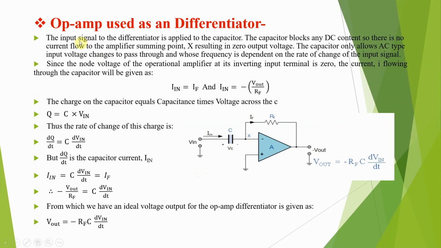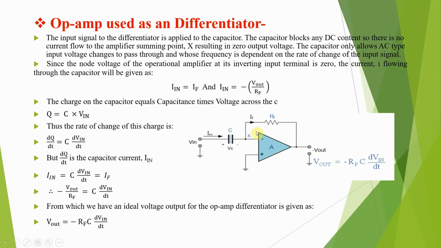Then the next point is the OpAmp used as a differentiator, meaning the output is the derivative of the input signal. This is the circuit of the OpAmp used as a differentiator. What is the difference between integrator and differentiator?